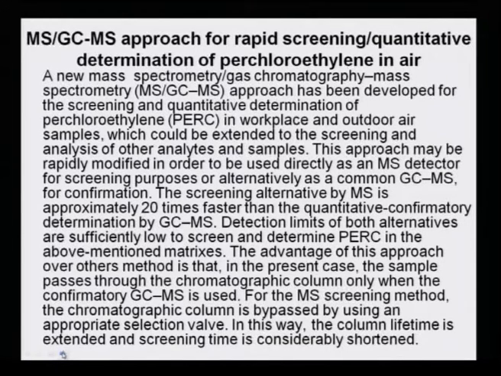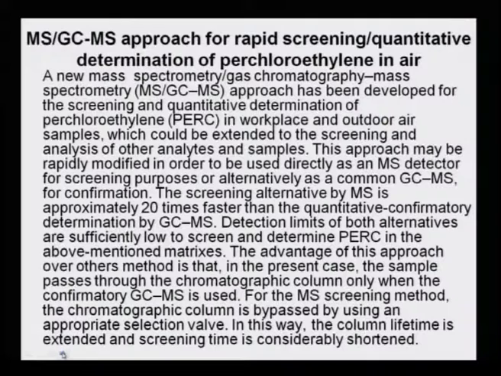This approach may be rapidly modified in order to be used directly as an MS detector for screening purposes, or alternatively as a common GCMS method for just confirmation of the presence of this compound called perchloroethylene. The screening alternative by MS is approximately 20 times faster than the quantitative confirmatory determination of the GCMS method.